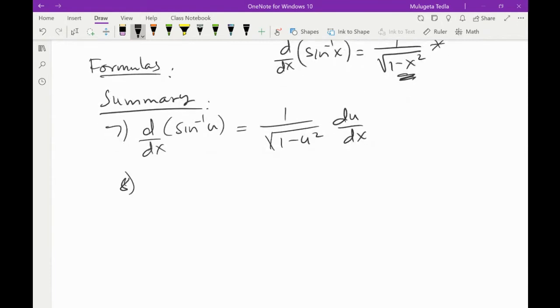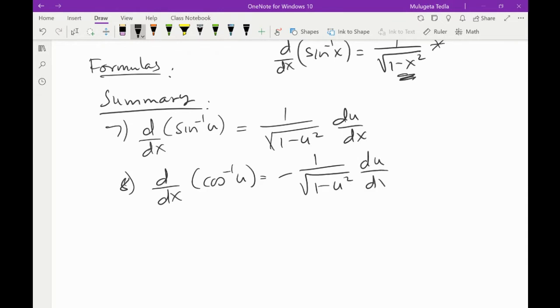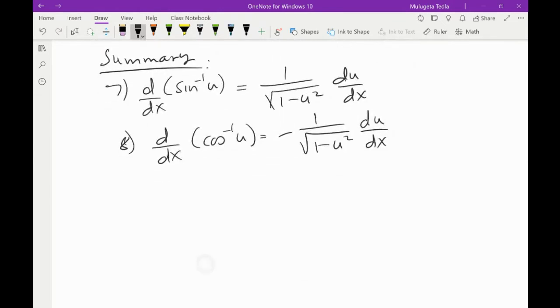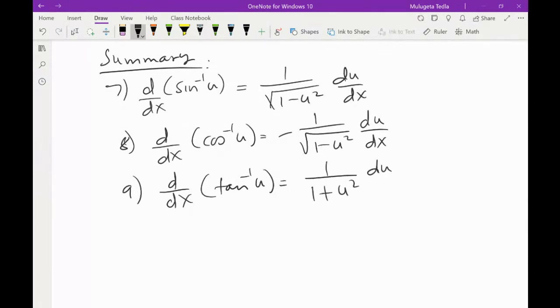Number 8, if you do the same process for cos inverse of u, it is minus 1 over the root of 1 minus u squared times du by dx. For the tan it is a little bit different. For the tan inverse of u, you get 1 over 1 plus u squared times du. There is no radical in the tan.